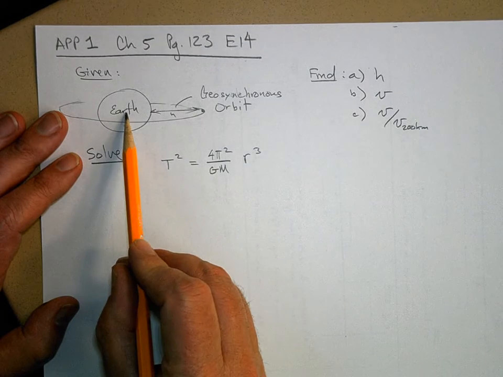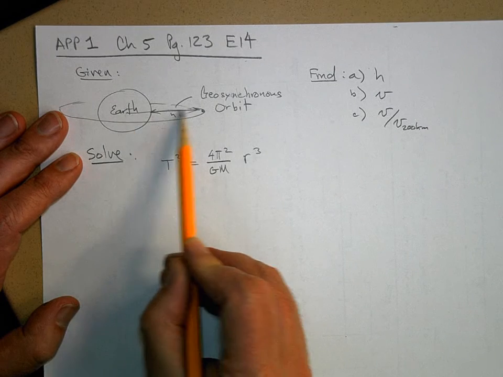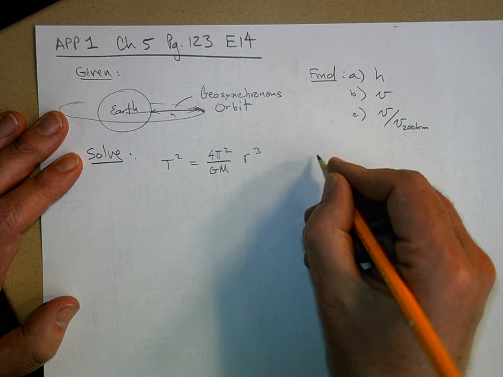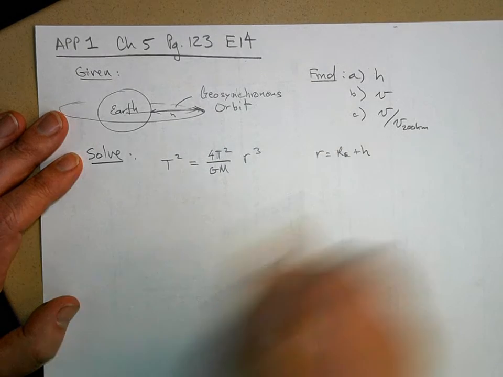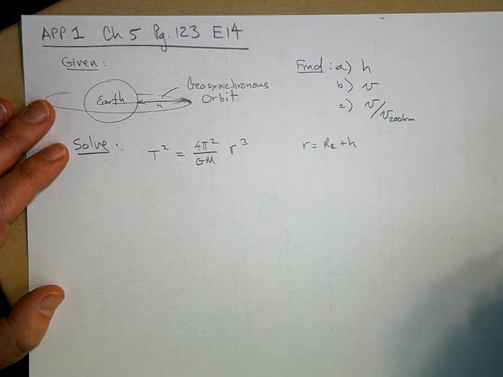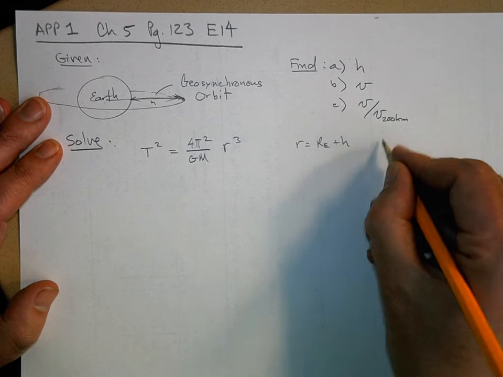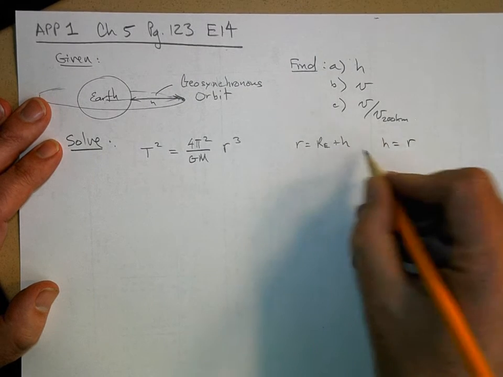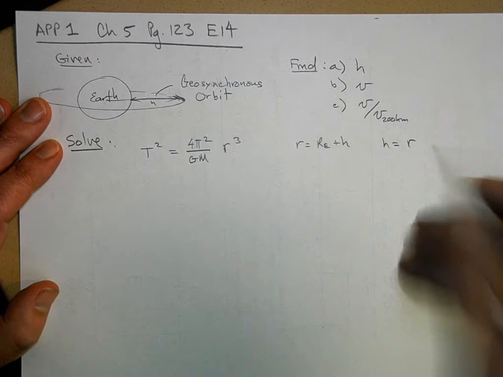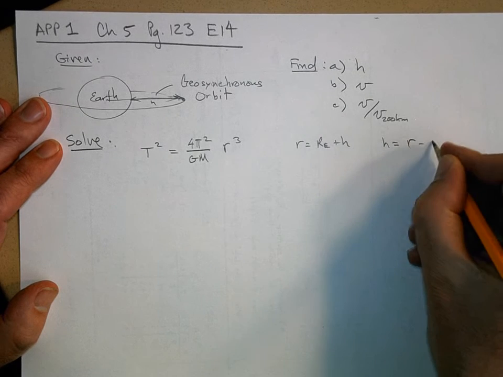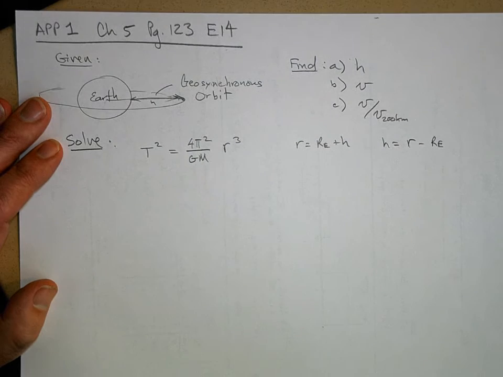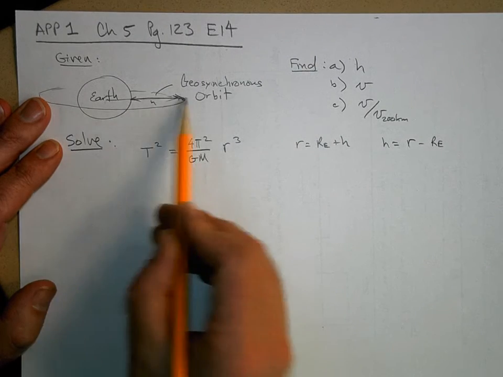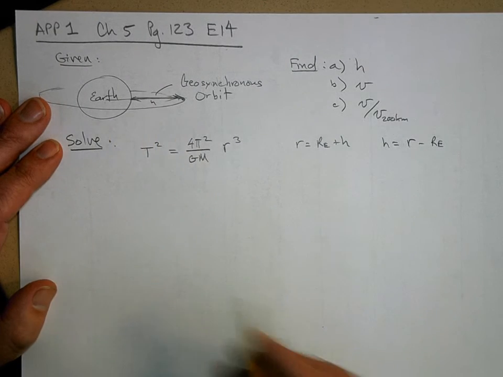I want to use the information to find r, because once I know r, I know that r is equal to the radius of the Earth plus my height above the Earth. So if I want to get h, I just need to get the radius of the orbit and subtract from that the radius of the Earth, and that'll be my height above the Earth's surface. Right? Because I want this height above the surface.